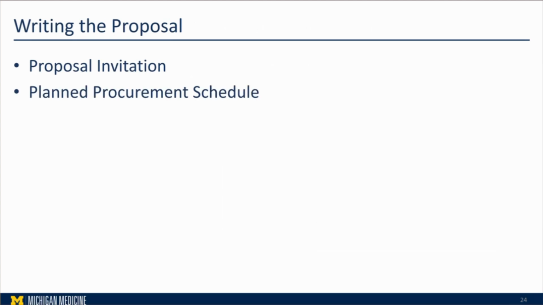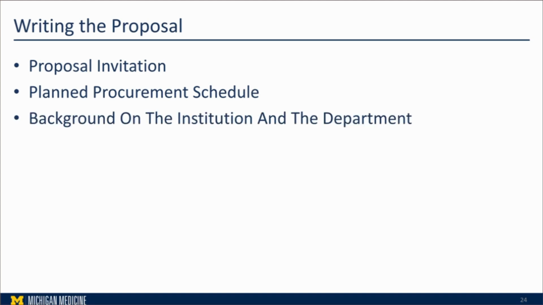So writing the proposal, you need to have the invitation, as we said, and the procurement plan schedule with all the dates of the RFP. Give a background about the institution and also about the department. Vendors really appreciate this, so they know how to build your platform based on your needs.